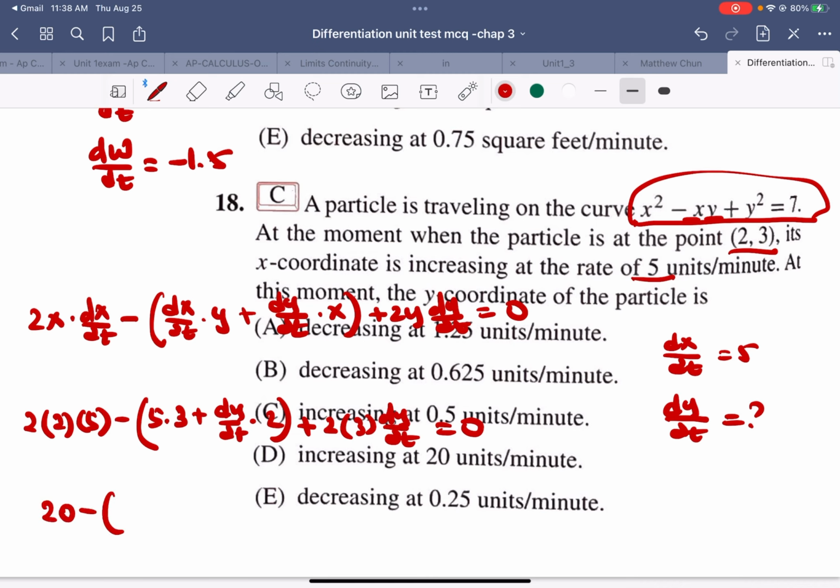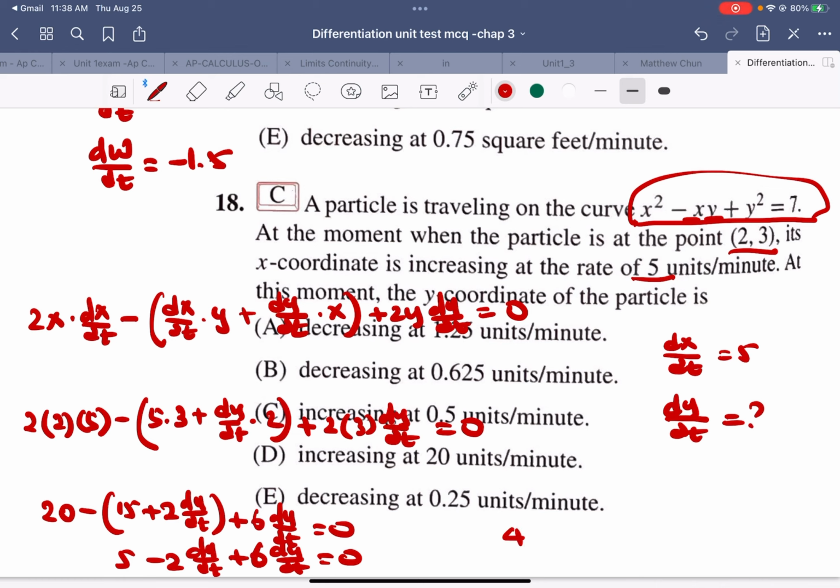So 20 minus 15 plus 2 dy/dt plus 6 dy/dt equals 0. So 20 minus 15 is 5, then collecting the dy/dt terms, 5 plus 8 dy/dt equals 0, so 8 dy/dt equals negative 5. And then dy/dt is negative 5 over 8, which is negative 0.625.